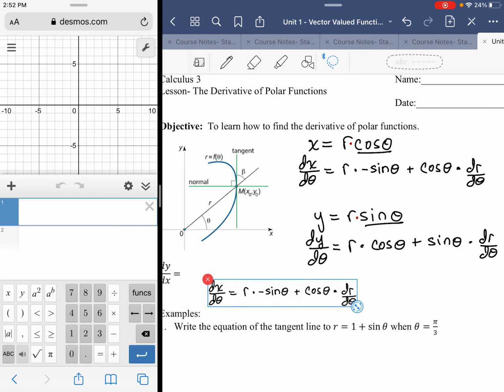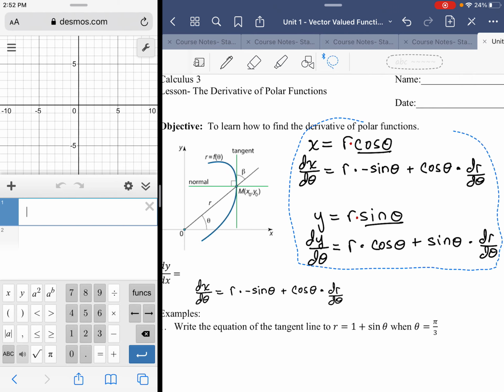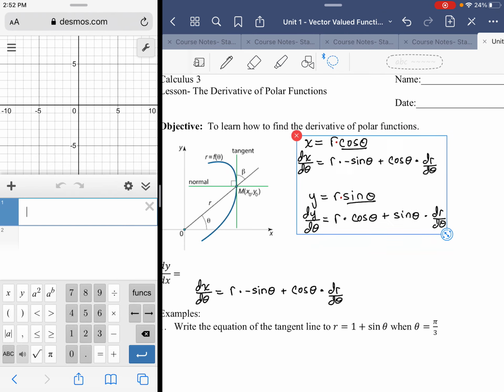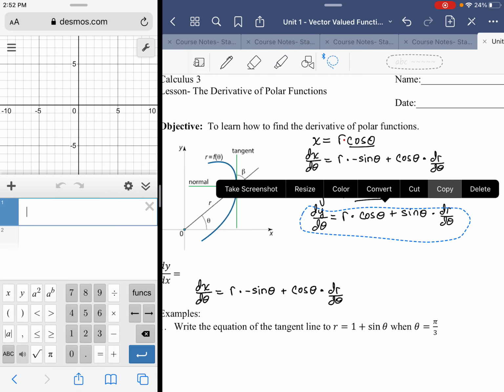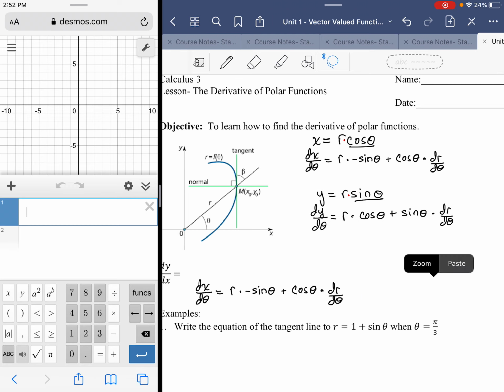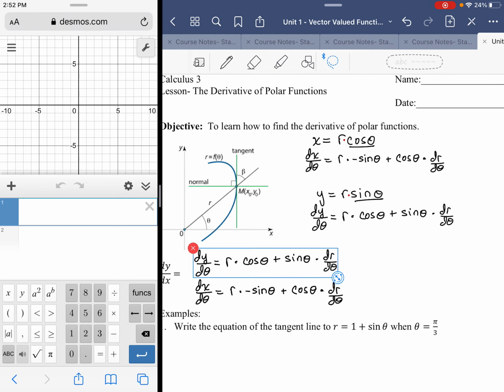I'm just going to shrink some things down a little bit to make it fit. We'd be looking at the ratio of dy d theta to dx d theta, the ratio of the two corresponding expressions.